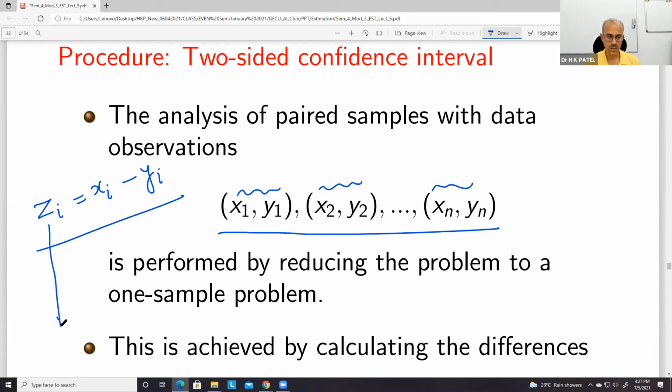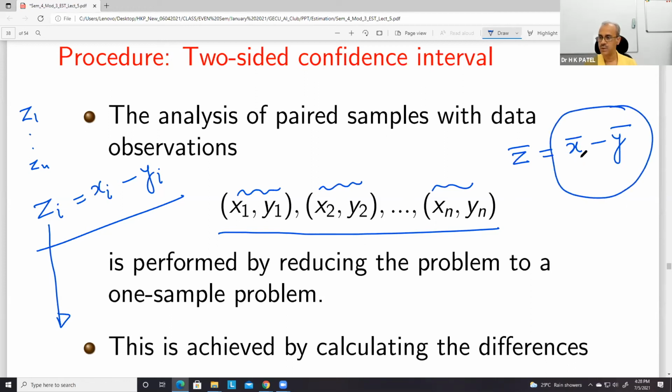So now we have a sample, that is z1 to zn. For this sample, the mean will be the difference of the means of x and y. We can verify this, that is, z bar will be equal to x bar minus y bar. And in fact, we want to find the confidence interval of this number, x bar minus y bar. So it is equivalent to finding the confidence interval for z bar.